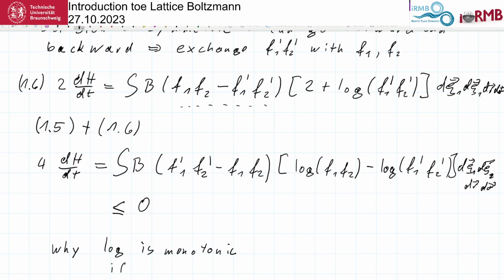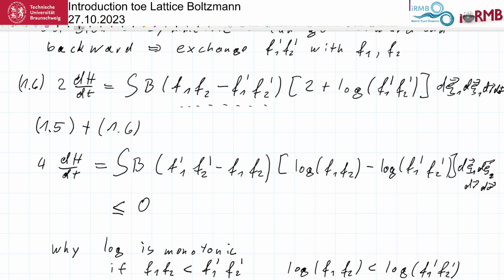So this means that if f1 f2 would be smaller, or the same thing goes when it's larger in the opposite way. So if this is smaller than that, then the logarithm of f1 f2 is smaller than the logarithm of f1 dash f2 dash.